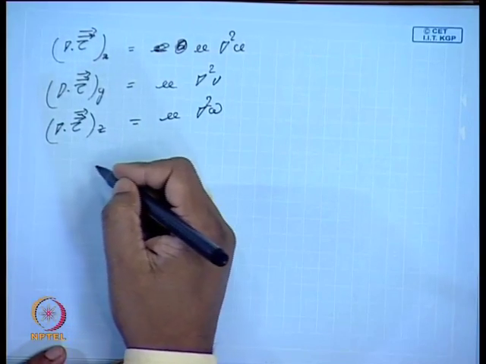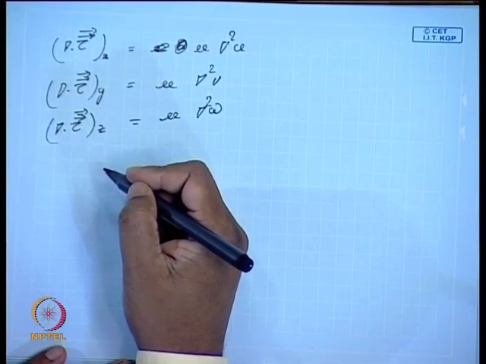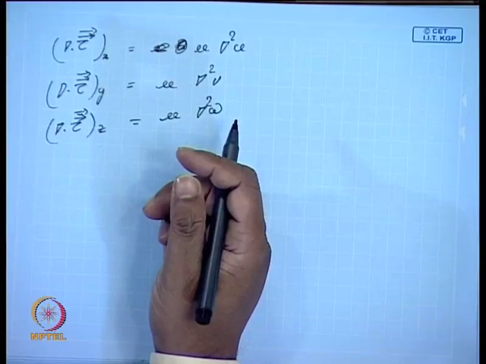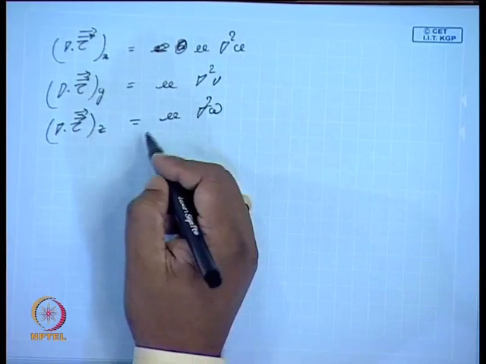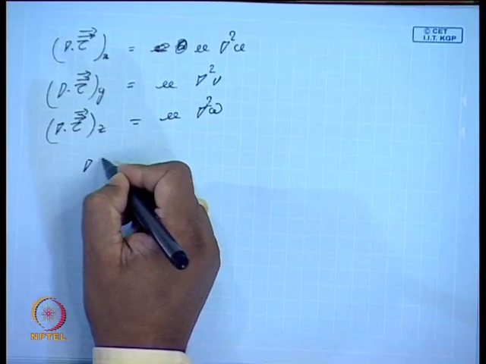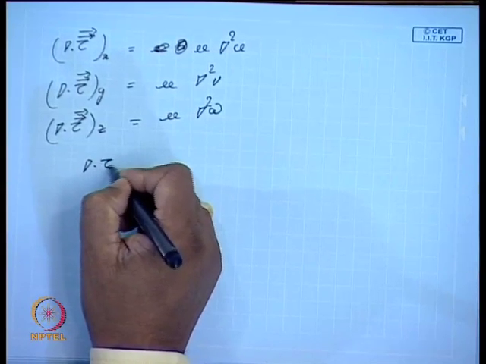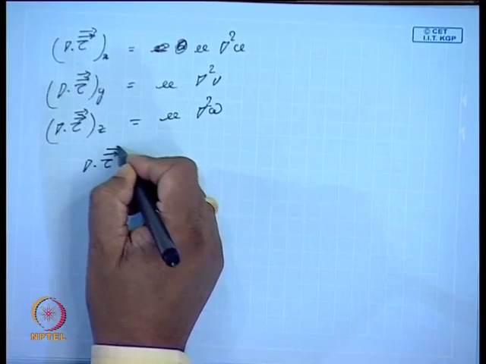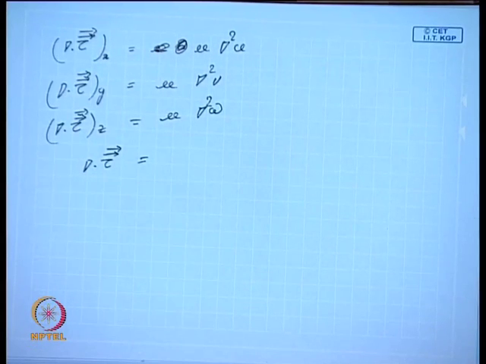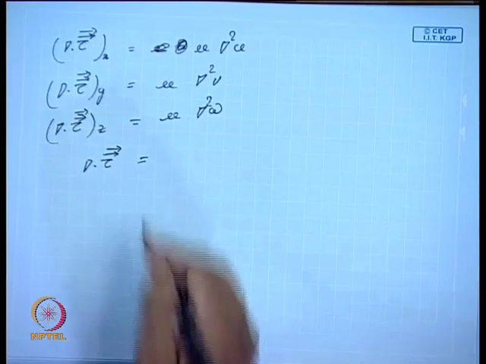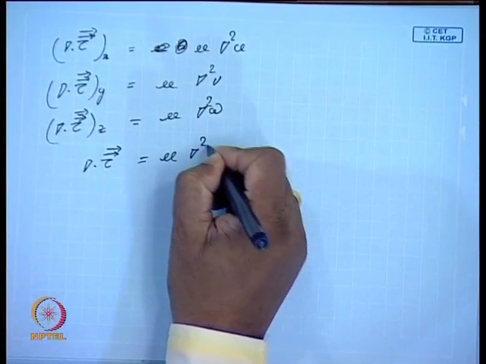If I combine this, I will get del dot tau double bar equal to mu del square q bar.